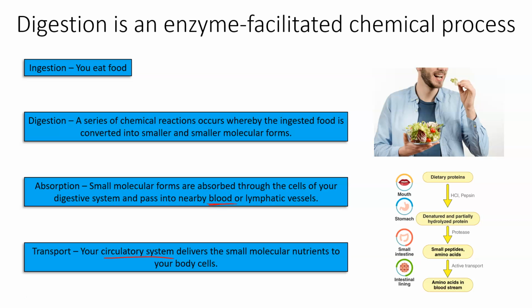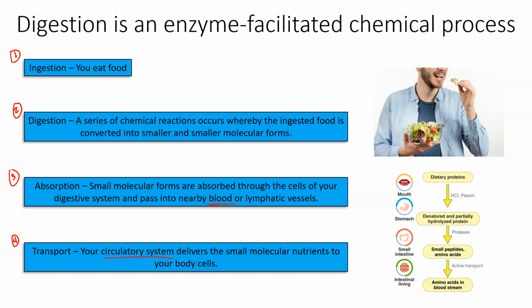So digestion is an enzyme-facilitated chemical process. It requires ingestion first, digestion second, absorption third, and transport fourth. That's how we get food from outside of our body into our body, digested, absorbed, and transported to all tissue cells in our body.